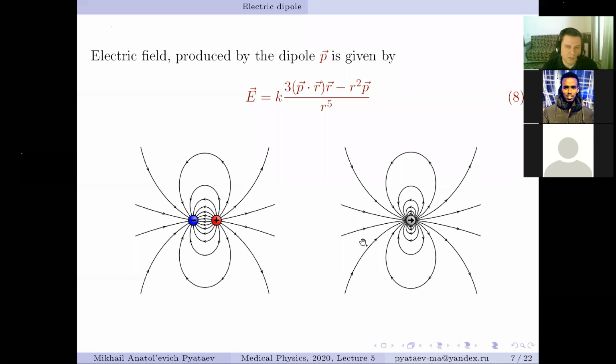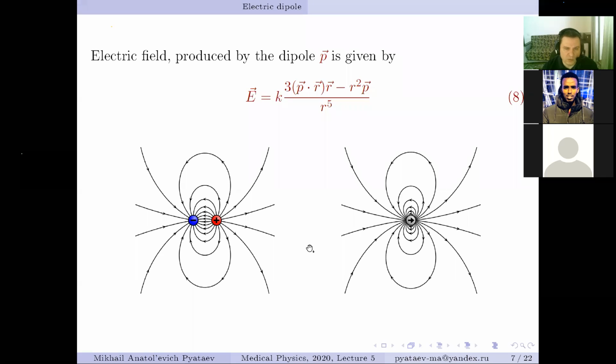This system is simple from the theoretical point of view, because the field created by this point dipole can be found in terms of equation 8, and this can be represented as seen in this picture.